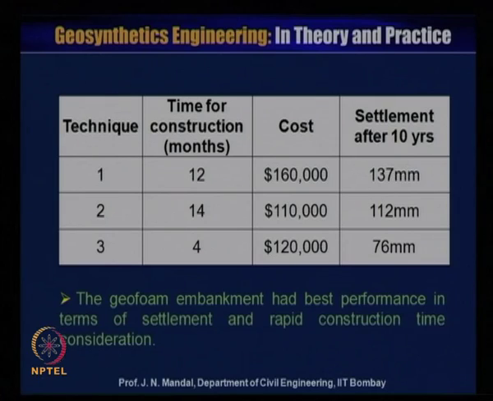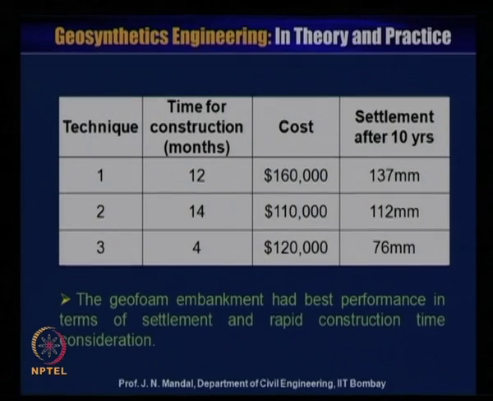Now, here it shows the technique you use: 1, 2, 3. Time for construction is 12 months for technique 1, technique 2 takes 14 months, and technique 3 is 4 months. In cost, technique 1 is $160,000, technique 2 is $110,000, and technique 3 is $120,000.